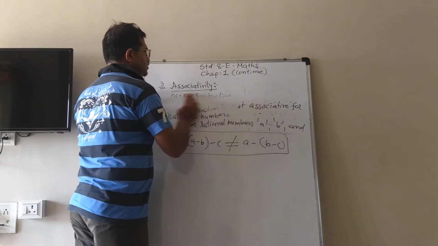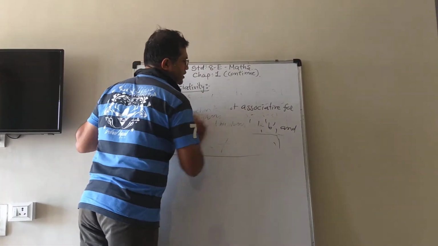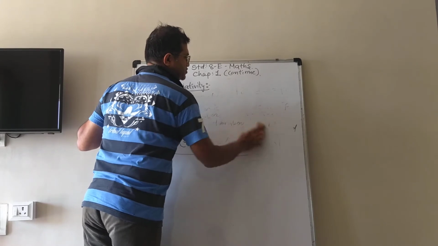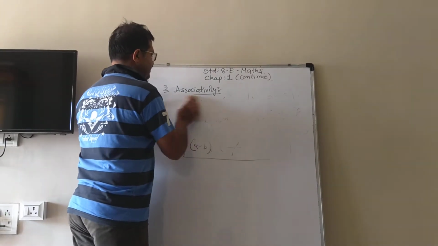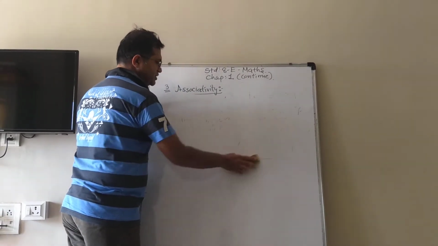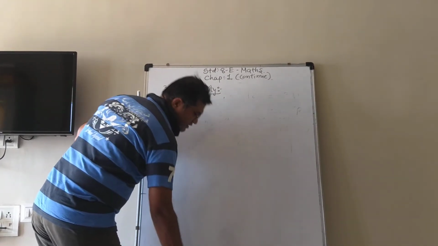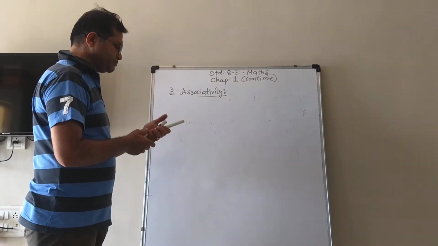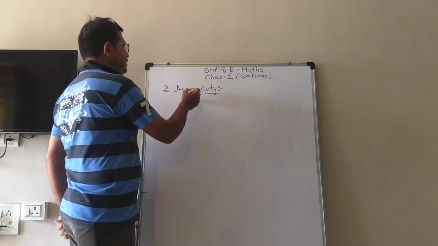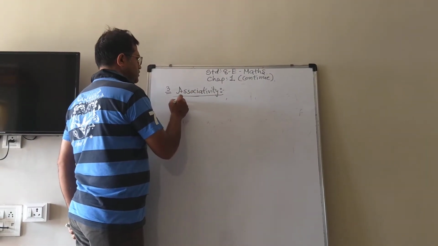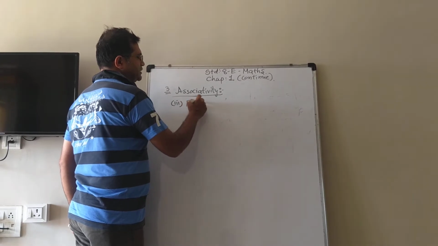Then we will look for the third operation of multiplication. Multiplication, you know about the integers, that if you multiply integers by making any group, the property is true for multiplication.